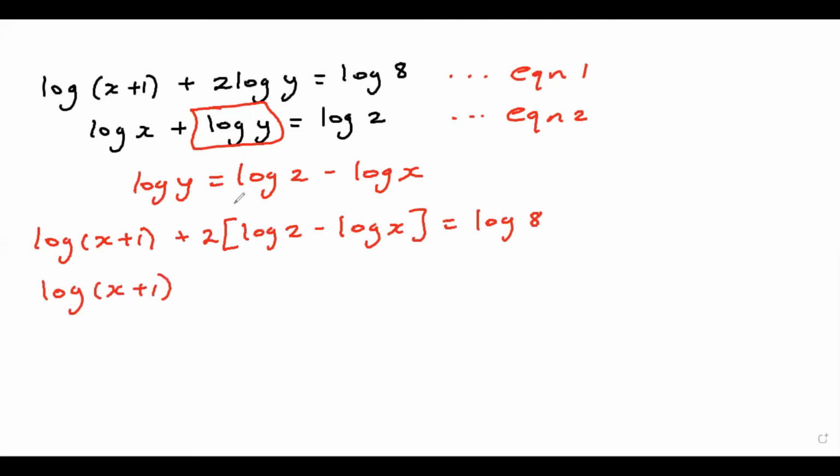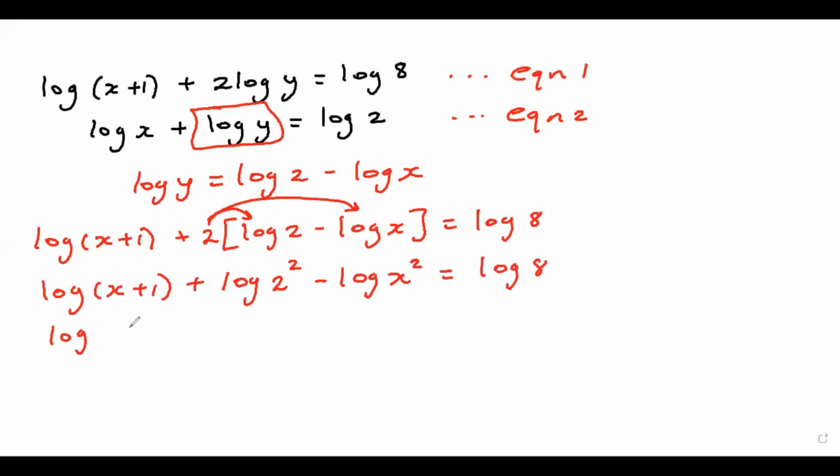Now from the law of logarithm, once you have a power to the front, because you're going to be multiplying all of these terms by 2 on the outside, that would be plus log 2 squared minus log x squared being equal to log 8. So that's log (x + 1) plus log 2 squared, that's 4, minus log x squared is equal to log 8.